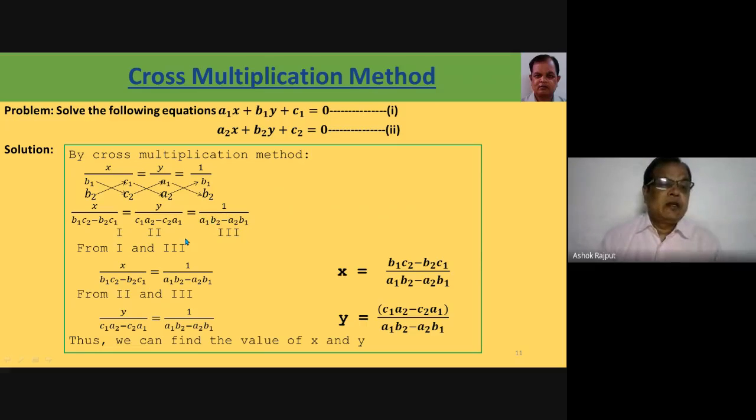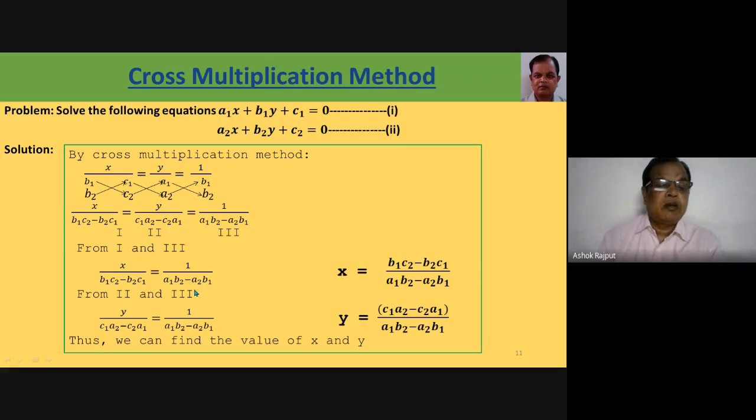Now we will use the first and third parts. Here are parts first, second and third. Why are we using only first and third? Because we want to find the value of x. Here it is constant, here it is x, so it is very simple. As you are seeing, x upon b1 c2 minus b2 c1 equal to 1 upon a1 b2 minus a2 b1.